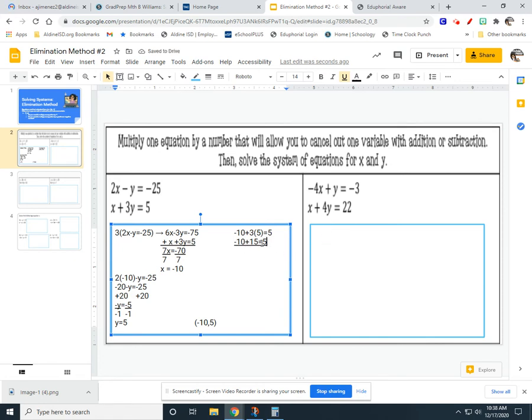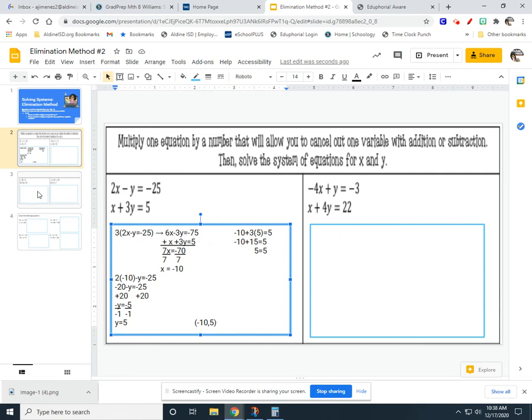Negative 10 plus 15 does equal 5, so it checks out. We de-underline that, and that's true. 5 equals 5. Right, this is just to check, just in case you wanted to check to make sure that the answer would work for both of them.